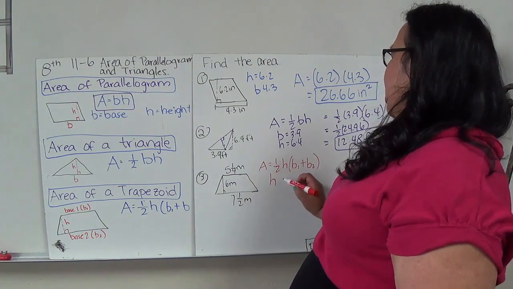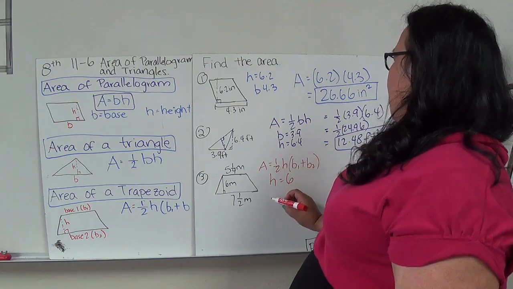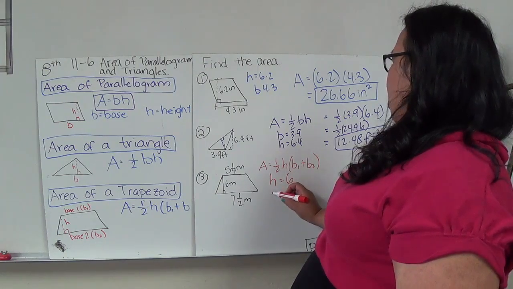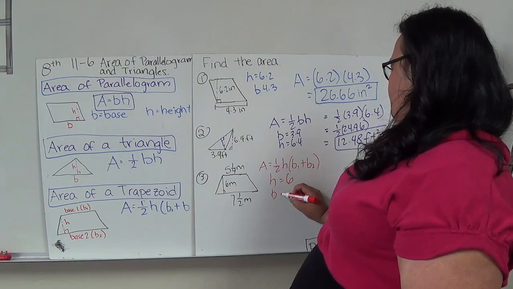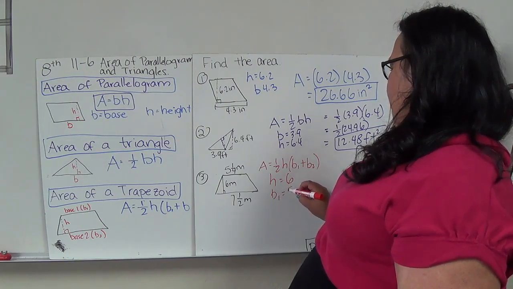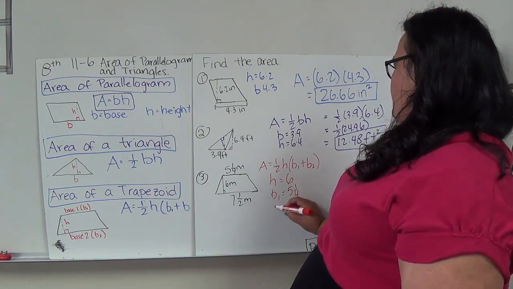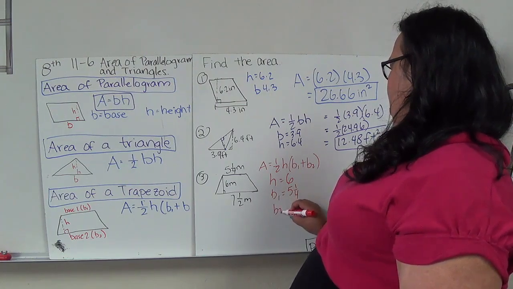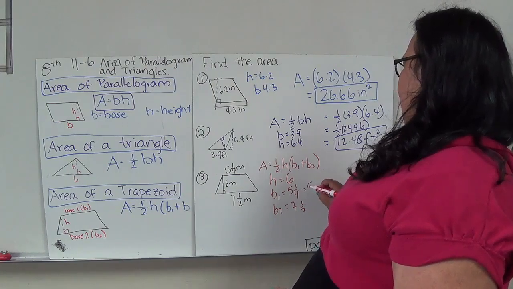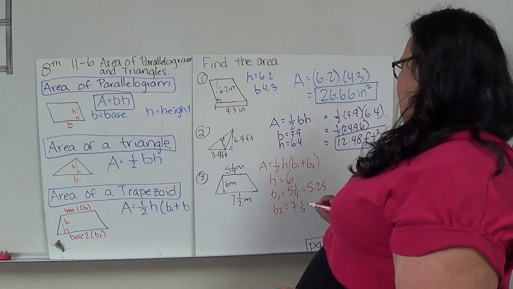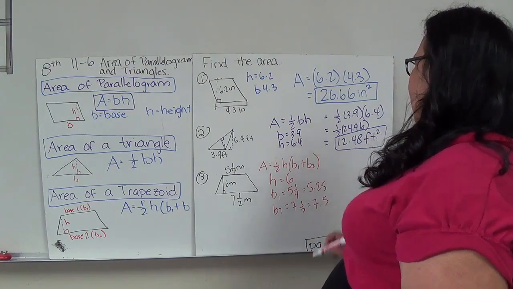Our height is 6 meters. Our B1 is 5 1/4, and this is B2, 7 1/2. So we're going to make this 5.25, and this is 7.5.